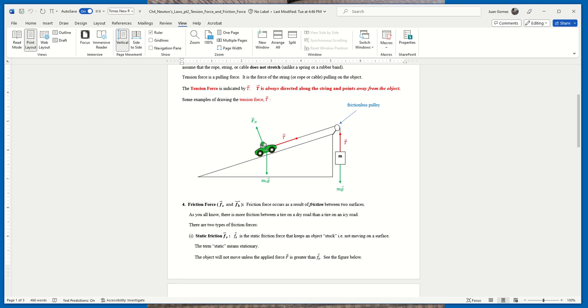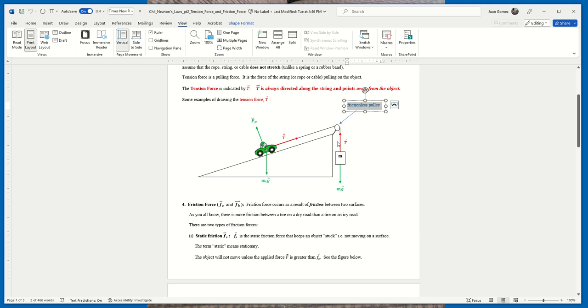Now you might ask, well, Dr. Gomez, the two masses are different. mc is the mass of the car, m is the mass of the falling mass. If those two masses are different, how come they have the same tension force? Well, that's because when you connect two objects with a string via a frictionless pulley, which is the only case we're going to have to worry about for the time being, whether or not the masses are the same, it doesn't matter.